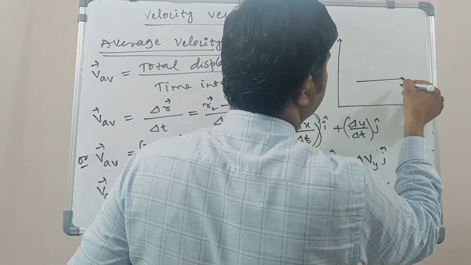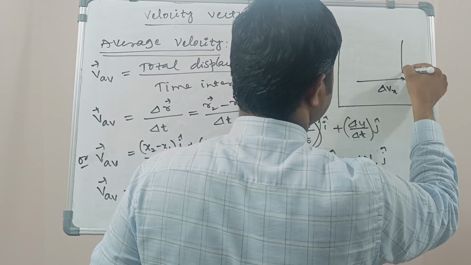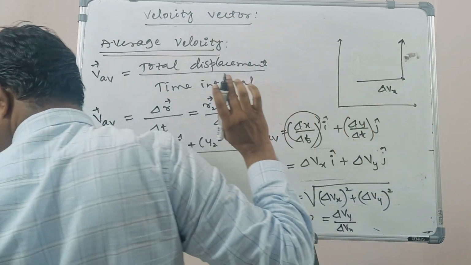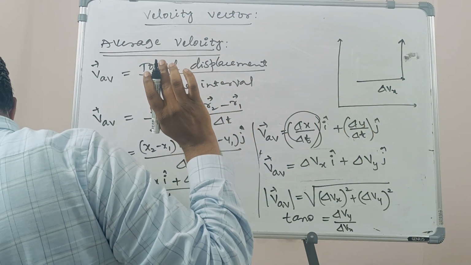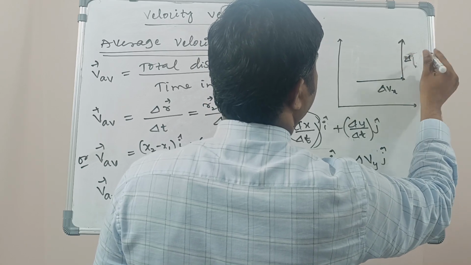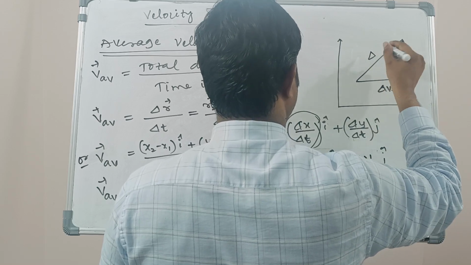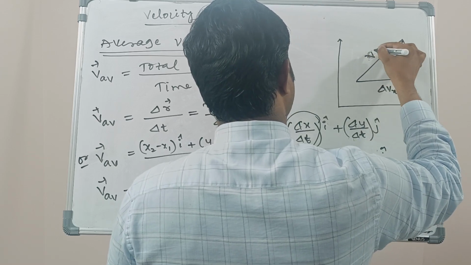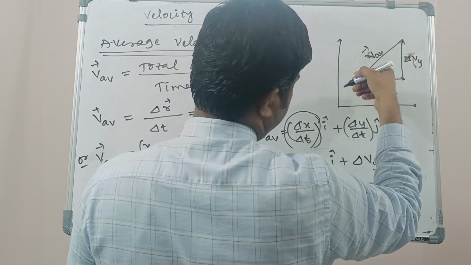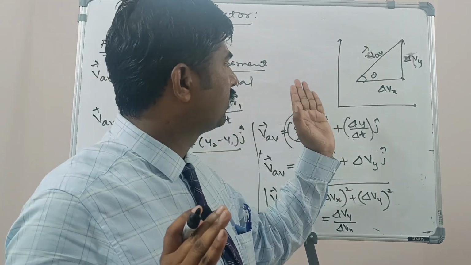We can represent this as delta Vx and delta Vy. So this is your change of velocity, or average velocity. Theta is the angle between the average velocity and the component of velocity along the x-axis.